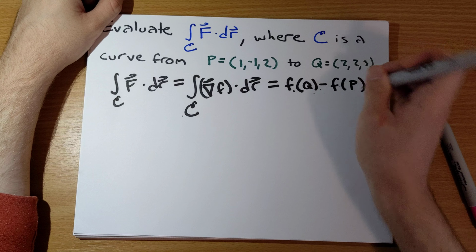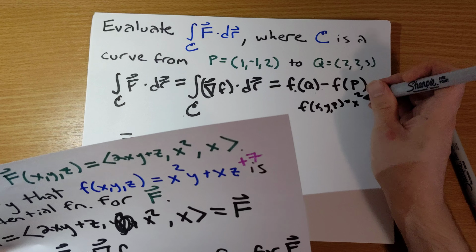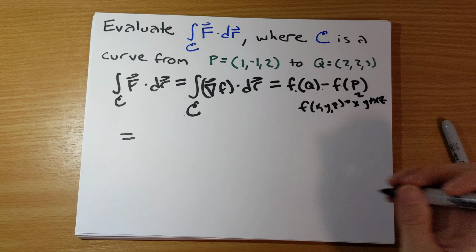All we have to do now is find f of Q. We plug in (2, 2, 3), where little f of x, y, z is x squared y plus xz.